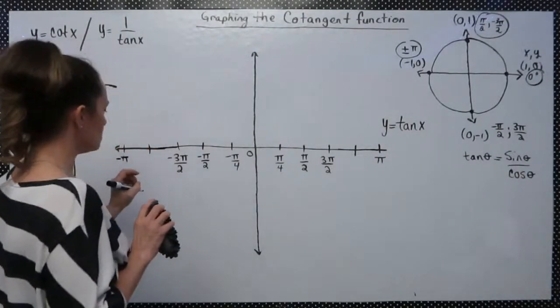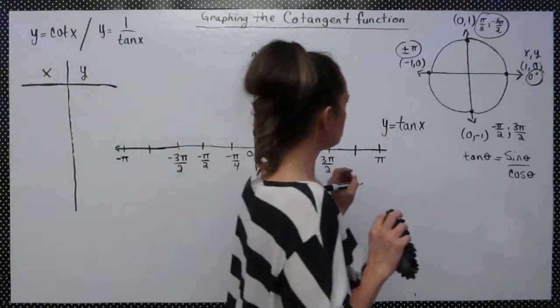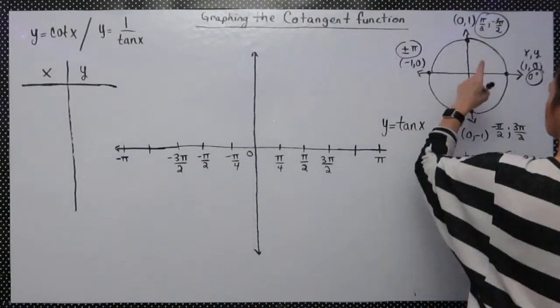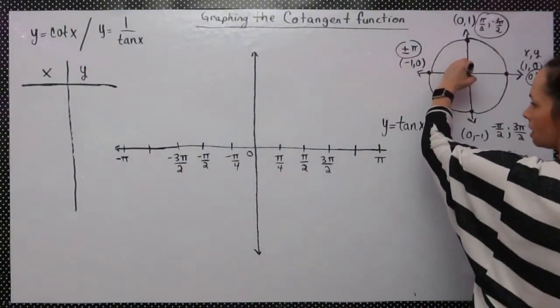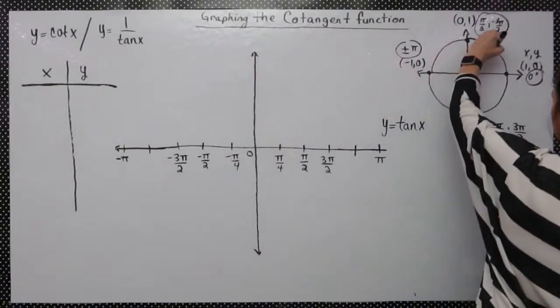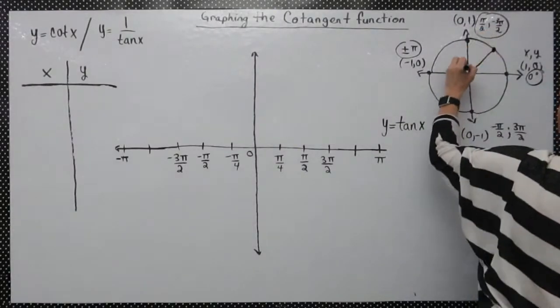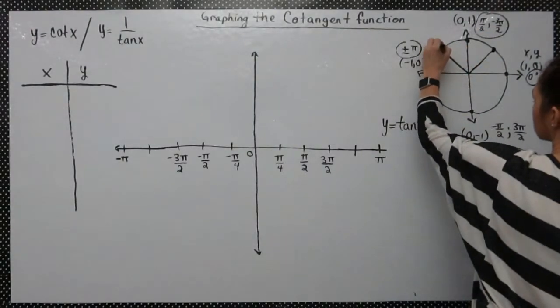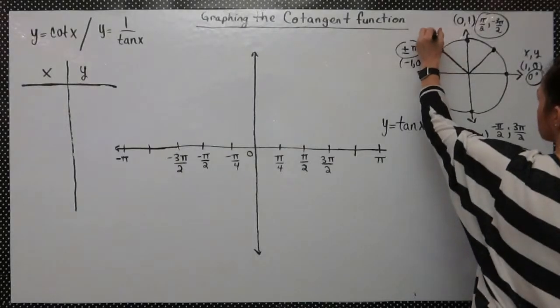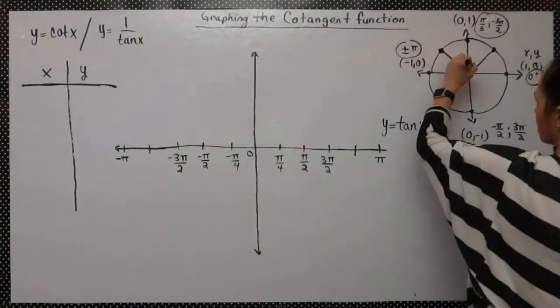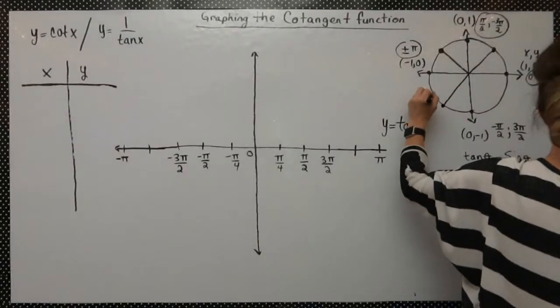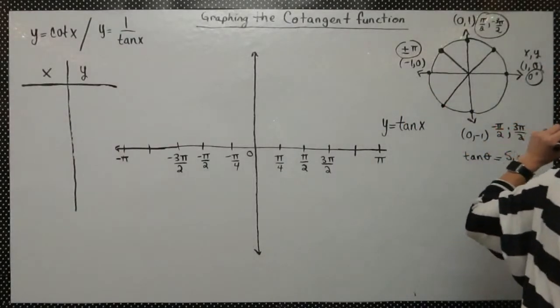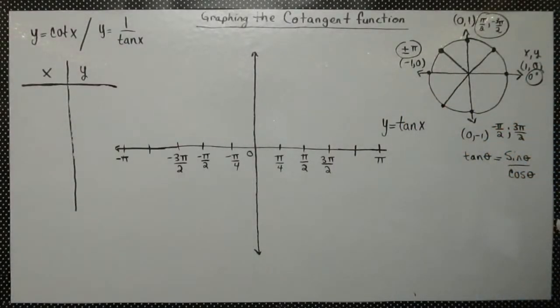And then that was 3 pi over 2. I'm not going here. We've got pi over 4. We need this one. That was that 3 pi over 4, and then this one was 5 pi over 4. Is that correct? Oh, one of these days I'm going to have them memorized.